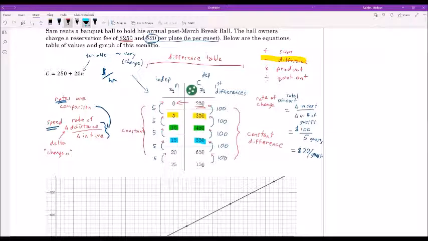And of course, we know that there's another variable up here, the c, and the total cost is changing as the n changes. We know that the c, the cost, is the dependent variable, so the total cost depends on the change of the number of guests, the variable n.